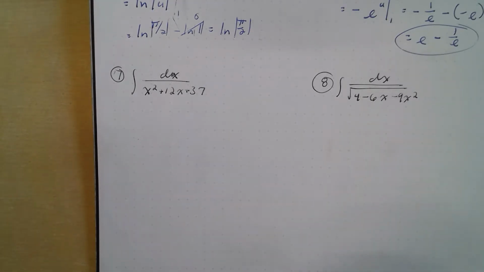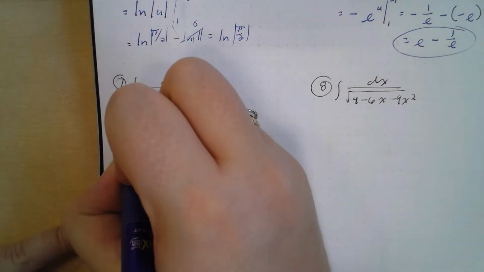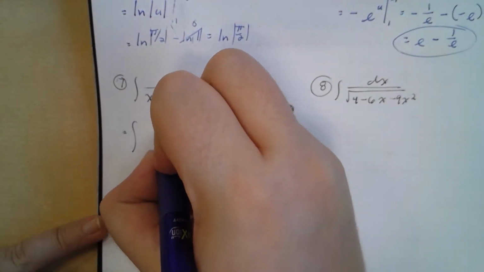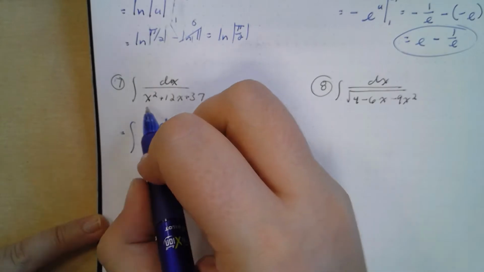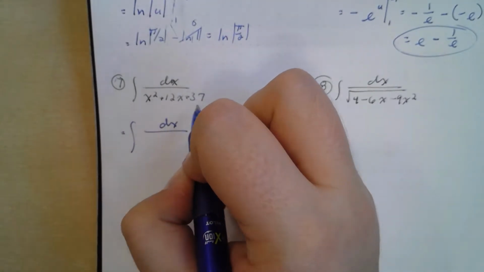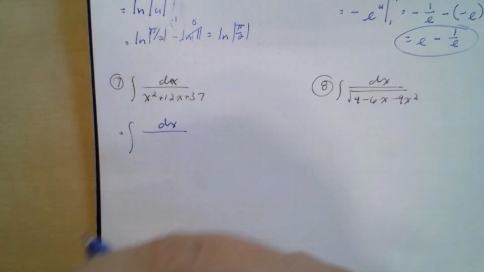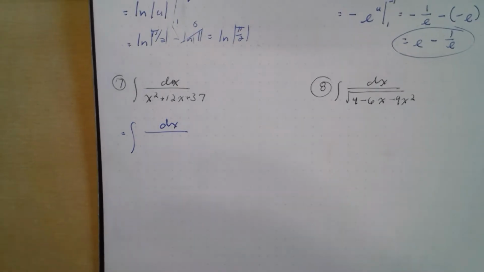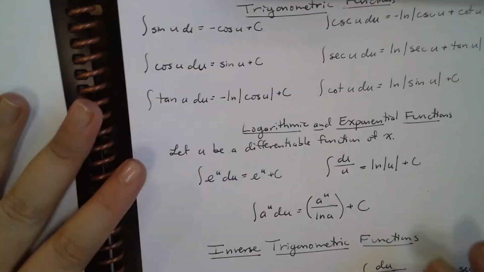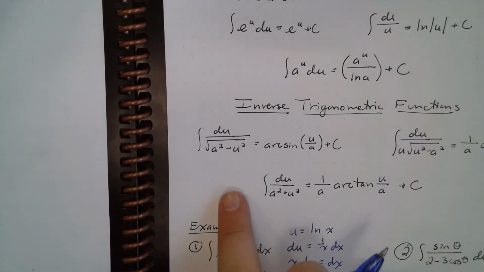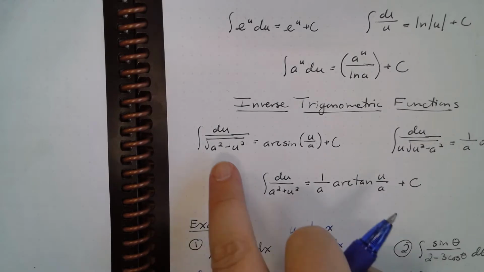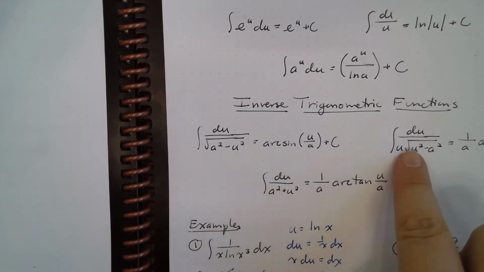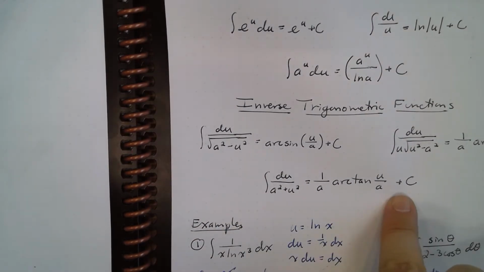And this is where our trigonometry is going to come in, you'll see. So I'm going to rewrite this as the integral of dx over x squared plus 12x plus 37. I want it to be a perfect square, because if I have a perfect square, I can use some of my trigonometric functions here. You can see we've got perfect squares in our denominators, and with that one, because we don't have a radical, we can probably use arctangent.